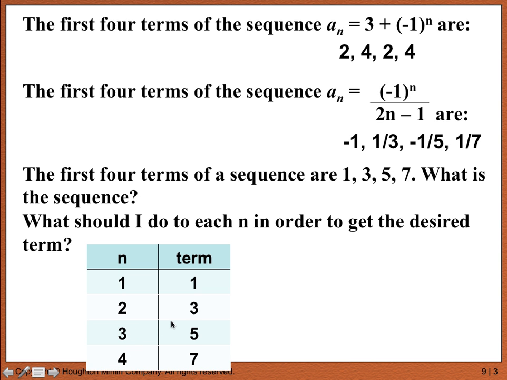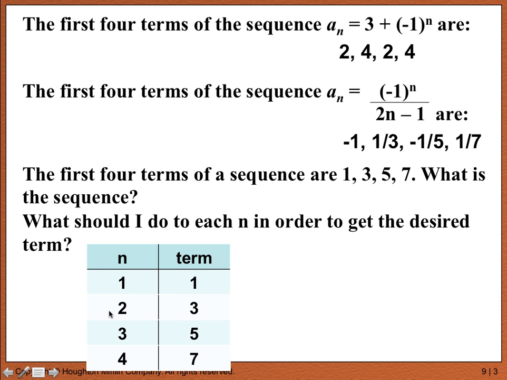Now in the right-hand column, I have the actual value of each term. Don't get confused, as sometimes students do, between the value of the term and its number. Just because something is the first term doesn't mean its value is 1. In this case it is, but not always.